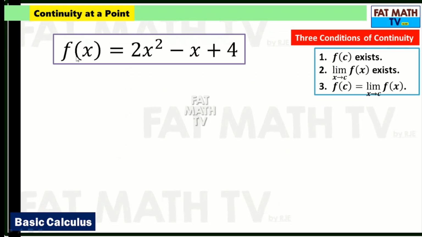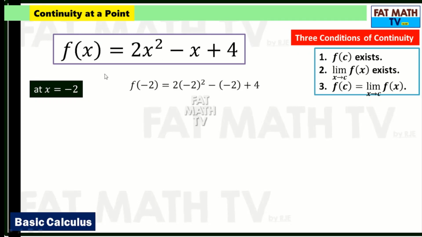Okay, what if we have this function f of x equals 2x squared minus x plus 4? Is this function continuous at x equals -2? So for condition number 1, let's check if f of c exists. Our c here is -2.